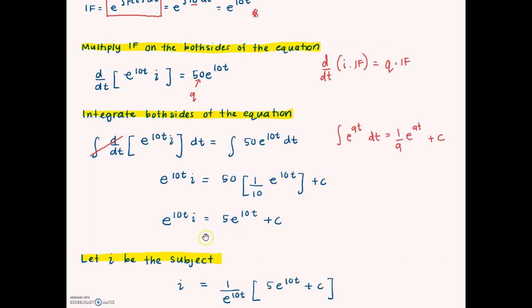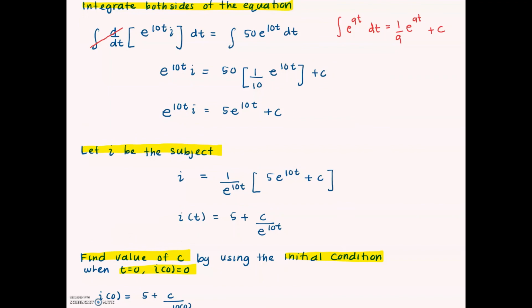Lastly, don't forget, please write your I as the subject. When you write I as the subject, it means you will move your e to the power of 10t to your right hand side. So we have 1 over e to the power of 10t times 5e to the power of 10t plus c. Lastly, your I(t) is 5 plus c over e to the power of 10t.